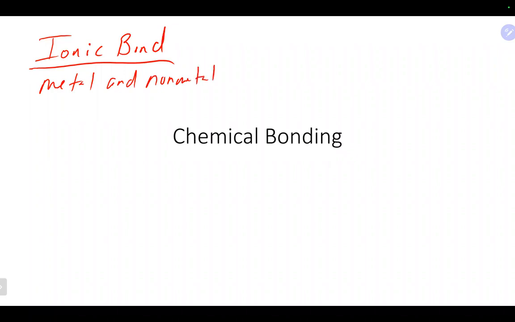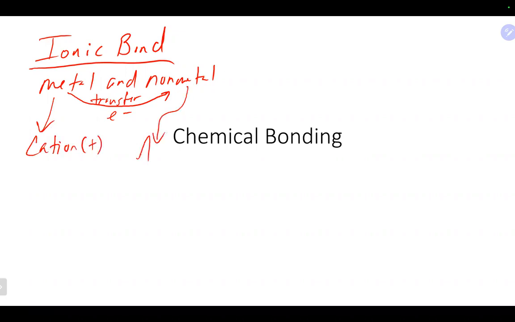And always what happens in an ionic bond is the metal will transfer electrons over to the non-metal. The result of that is the metal will then become positively charged, or a cation. The non-metal will pick up the electron, say thank you, and become an anion, which is negatively charged. And it is the attractive force between those 2 that actually holds that together.